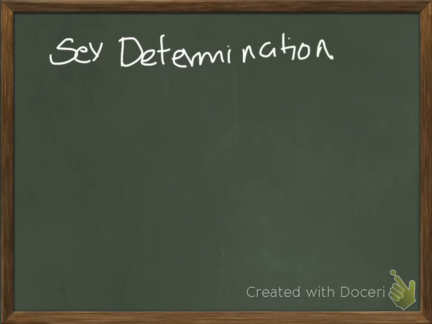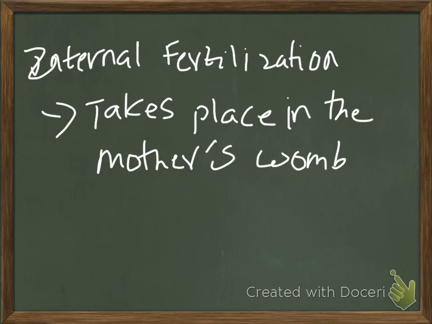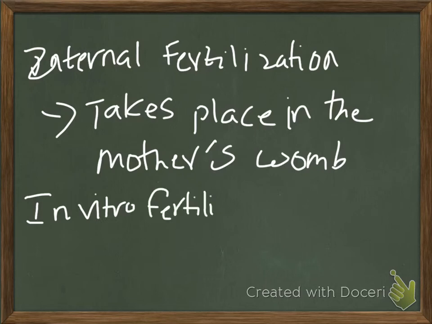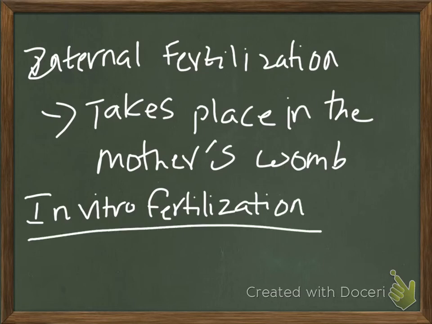So before going to sex determination, there is another type of fertilization known as in vitro fertilization. In this method, the ovum or the zygote is allowed to grow outside the body of the female.